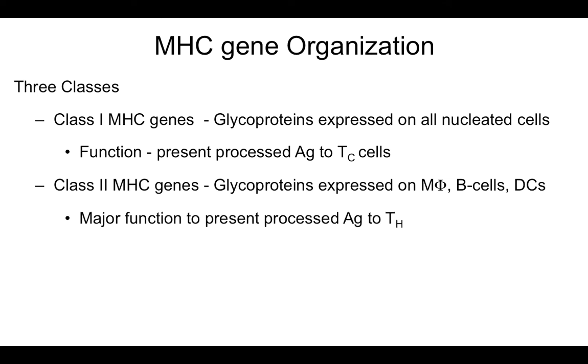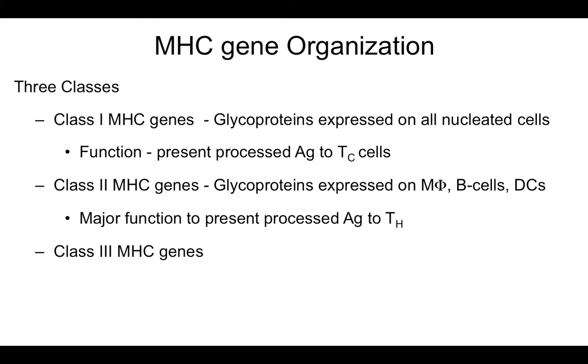The main function of these class 2 MHC molecules is to present the processed antigen to the T helper cells so that the external antigen that has entered into the body can be easily removed by the activation of the T helper cells, which in turn activate the B cells to produce the antibodies and remove the antigen from the body.